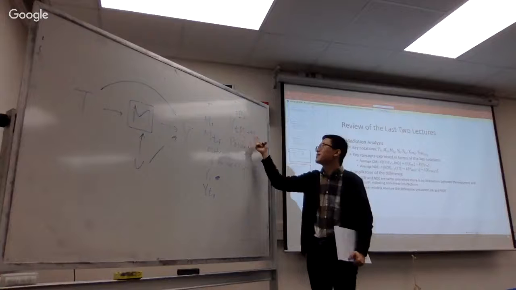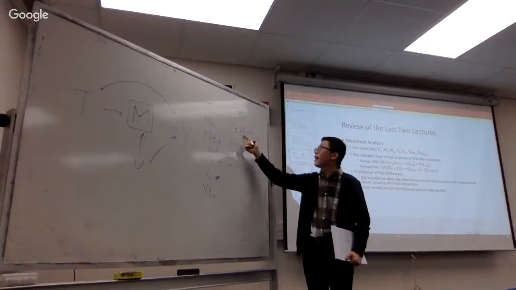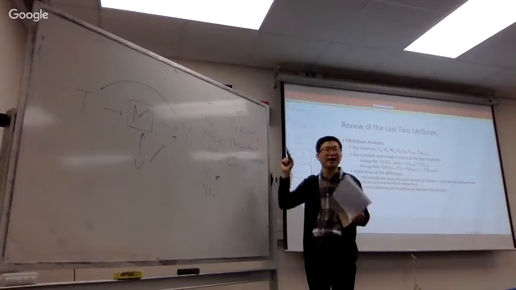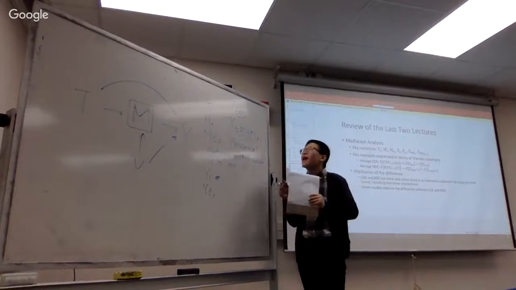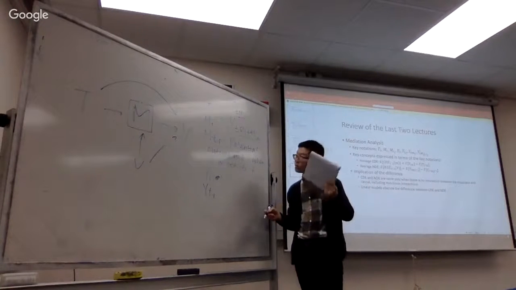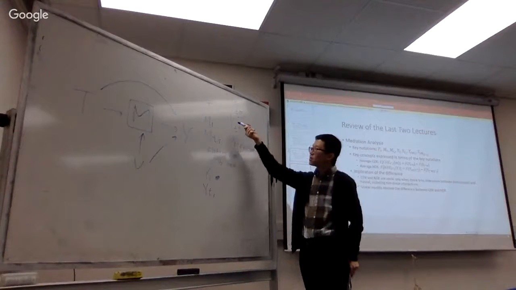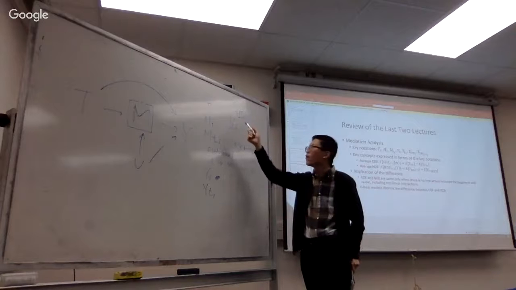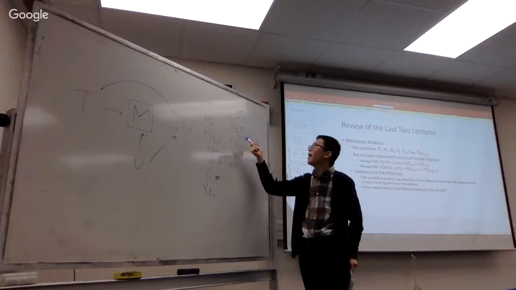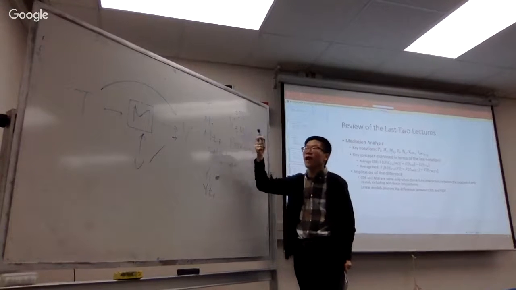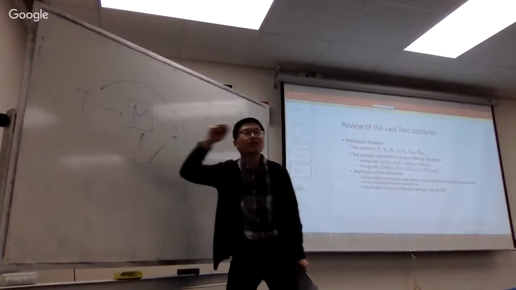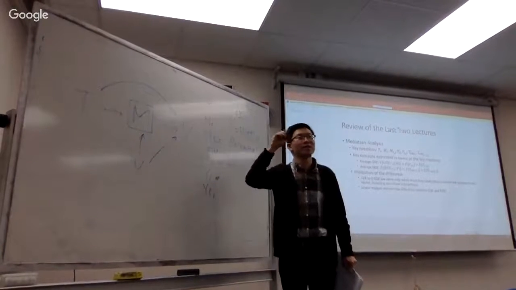But in this case, m p asterisk means that this is the potential outcome of y when t is small t, and the value of m when the treatment is t asterisk.